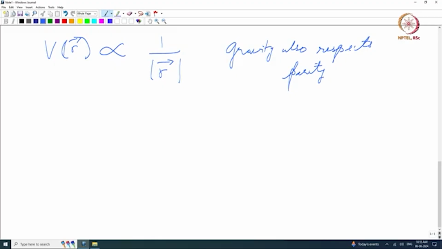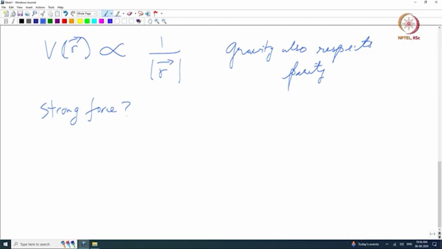Good. Now what about the strong force? What is your guess? We have not learned anything about the strong force so far, but what do you guess actually? What is a strong force? It is a sort of a binding force between quarks, between nucleons and so on.